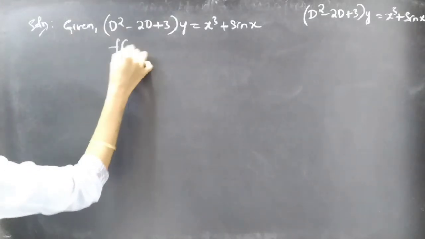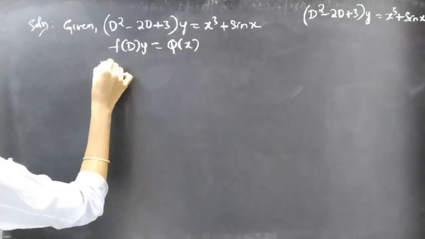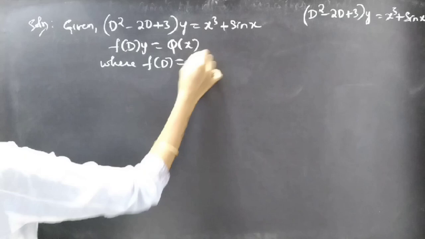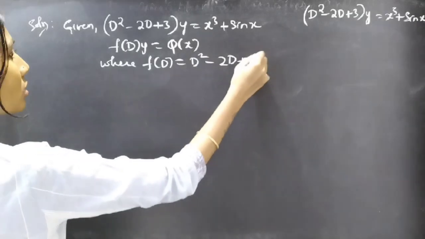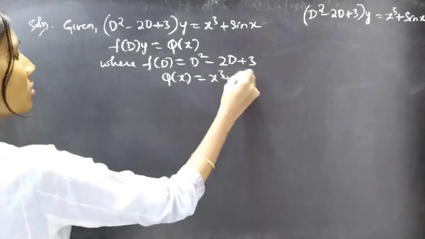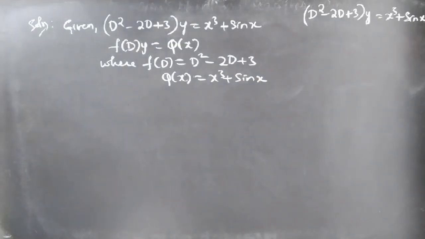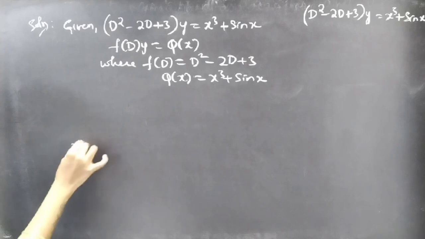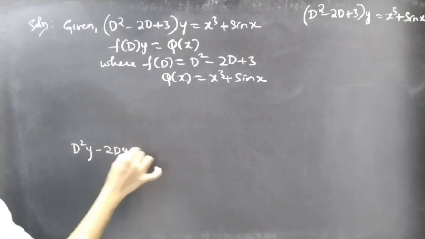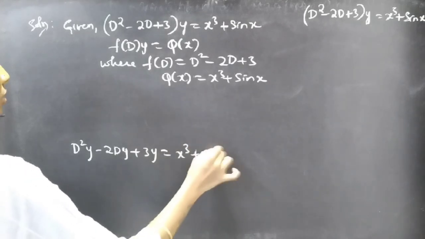Say f(D) y = some function of x, where f(D) = D² − 2D + 3 and Q(x) = x³ + sin x. We can also write the given differential equation as D²y − 2Dy + 3y = x³ + sin x.